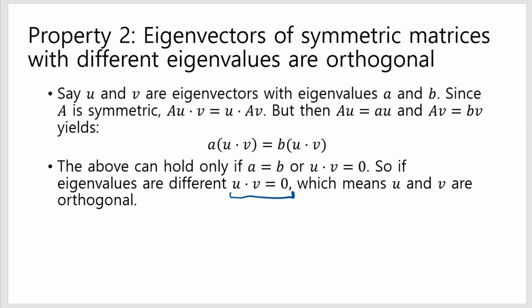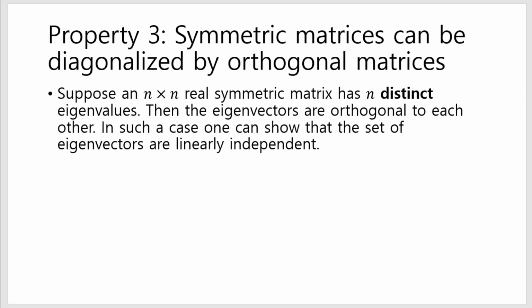And this is actually a pretty cool result because if you have distinct eigenvalues, then all these eigenvectors will be perpendicular to each other, and if you have n of them, then you end up with n linearly independent eigenvectors. Okay, so that brings us to property 3, which says symmetric matrices can be diagonalized by orthogonal matrices.